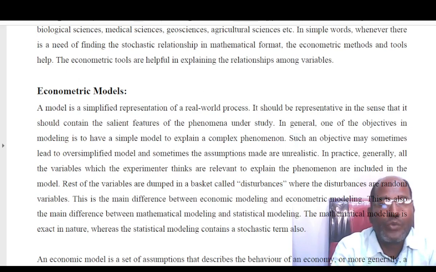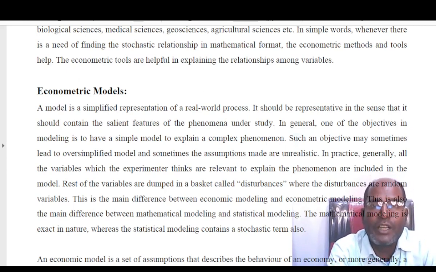The econometric tools are helpful in explaining the relationships among variables. This is about what is econometrics.